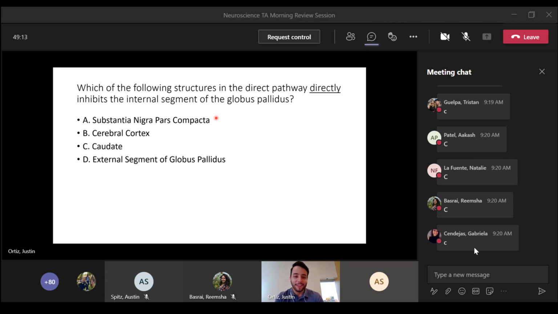Okay, the answers are looking really good. That's great. So again, which of the following structures in the direct pathway directly inhibits the internal segment of the globus pallidus, or the globus pallidus internus?